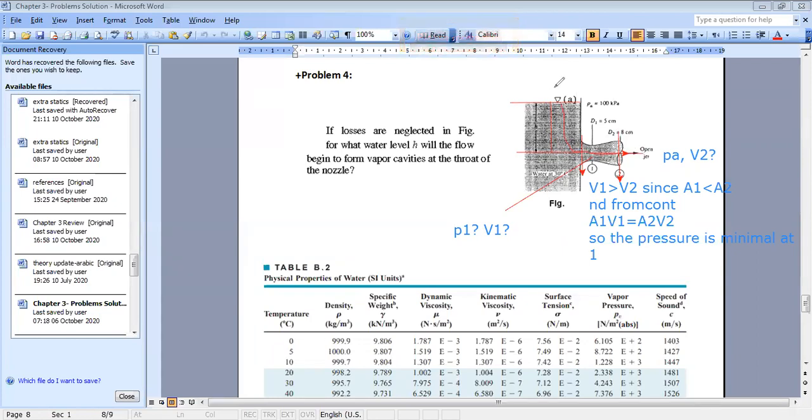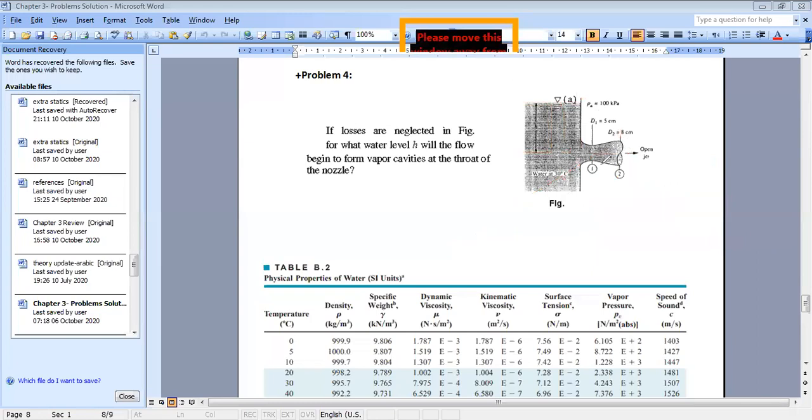So this is one streamline. I can apply Bernoulli between 1 and 2, but also between the surface and the exit jet. Okay, so let us now write all the equations we know to find our unknowns.